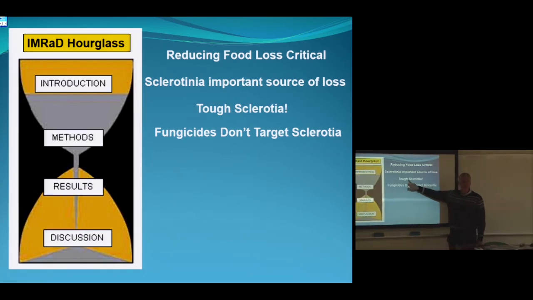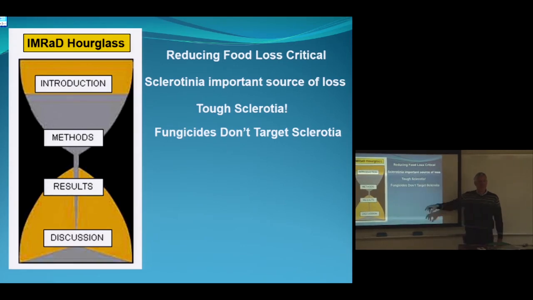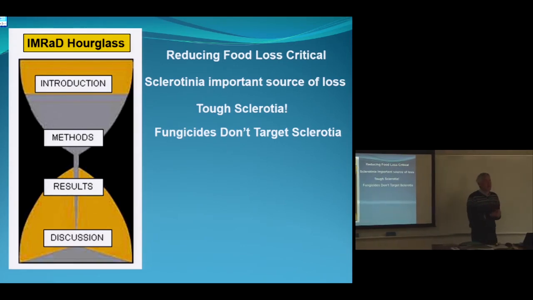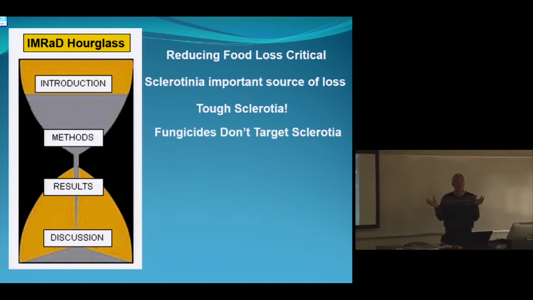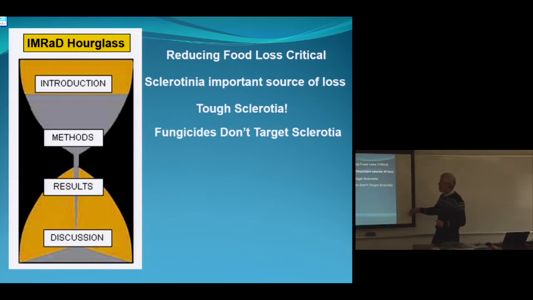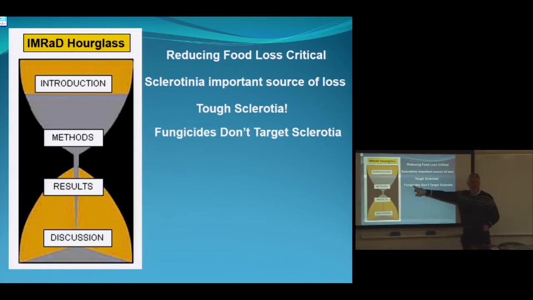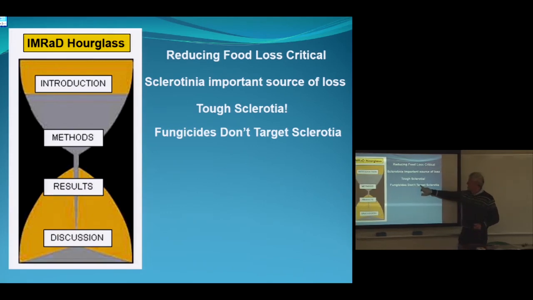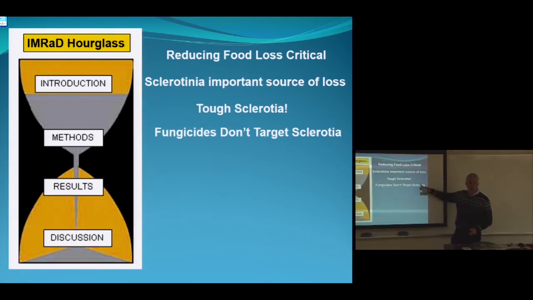Then in the third one, of the sclerotinia cycle, the sclerotia are extremely tough. They are very hard to kill or to control. And the fourth one is that the fungicides don't target sclerotia.